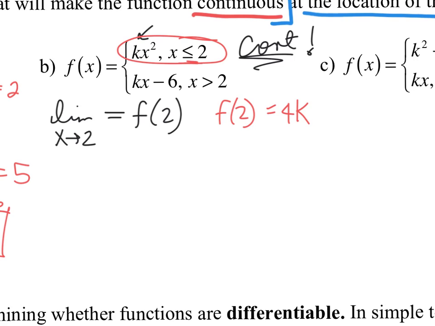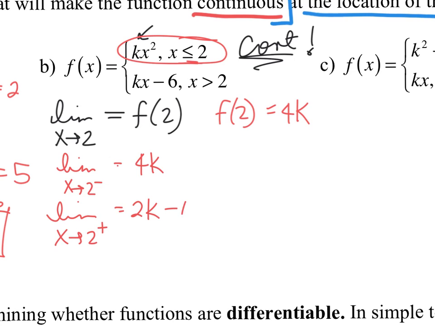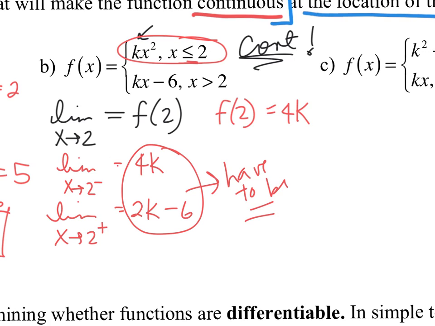So let's do that. Let's do the limit as x approaches 2 from the left. We already did that one. That's 4k. All right, and the limit as x approaches 2 from the right has to be 2k minus 6. These have to be equal.